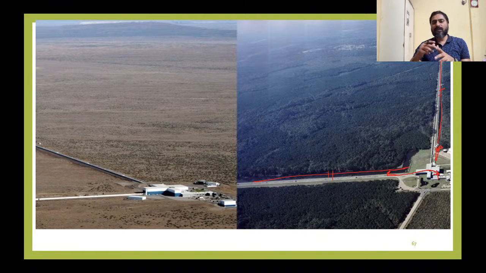Because the lengths of the two arms are the same, the laser reflects back from the end and reaches this point, taking the same time. But if a gravitational wave hits this apparatus, then one of the arms gets compressed and the other arm gets elongated. Because of that, there is now a difference in time recorded. That is how LIGO detects the gravitational waves.